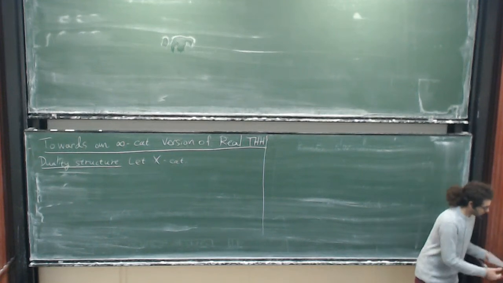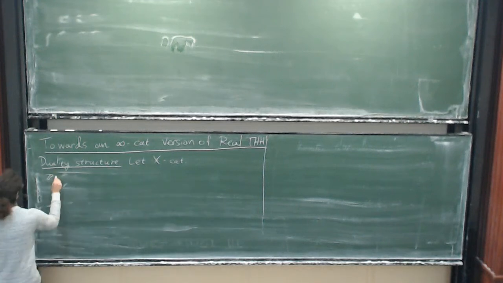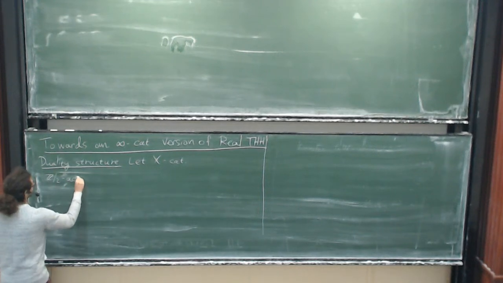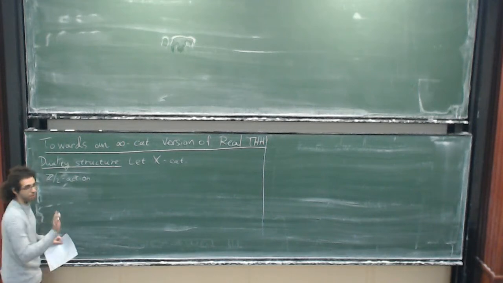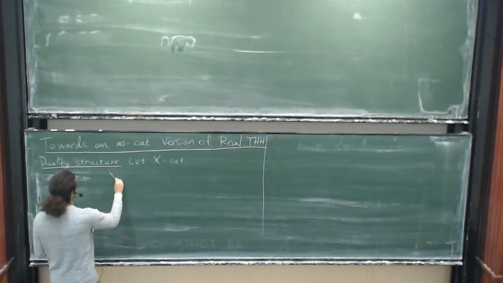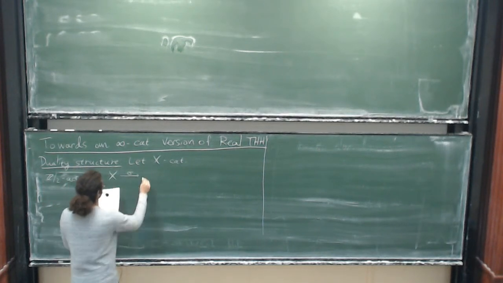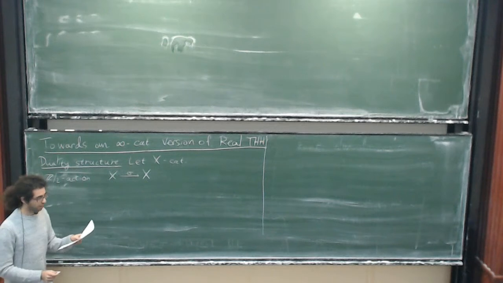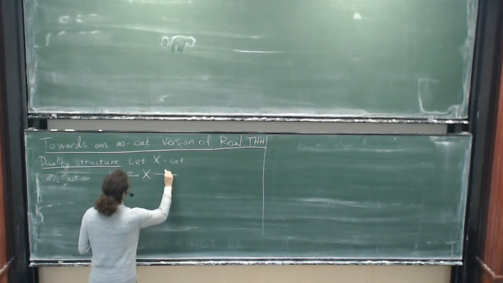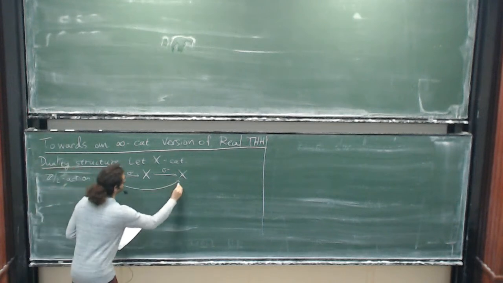So I can speak about a Z-mod 2 action on X. Let's say a strict Z-mod 2 action, because it doesn't matter for this point. And I can think about it in the following way: I take X, and there is an endomorphism of X, sigma, and then when I do it twice, I get back the identity.